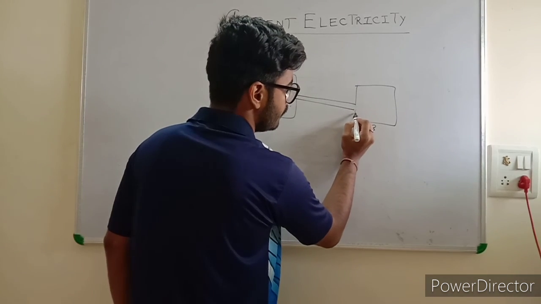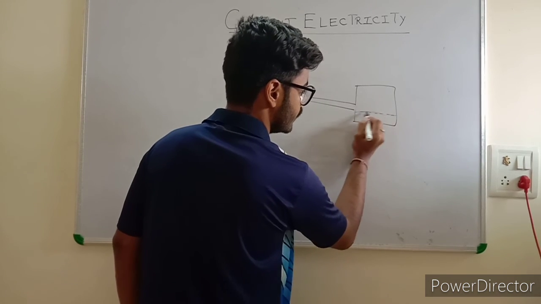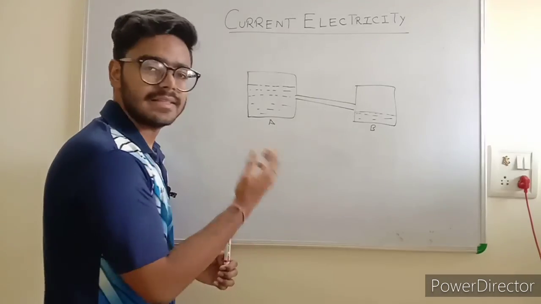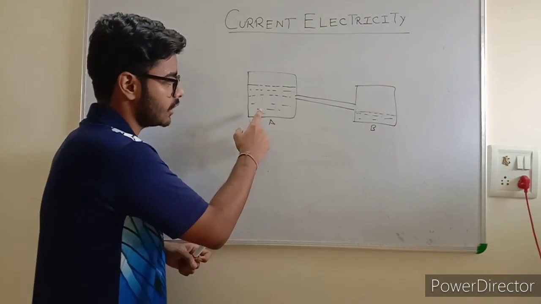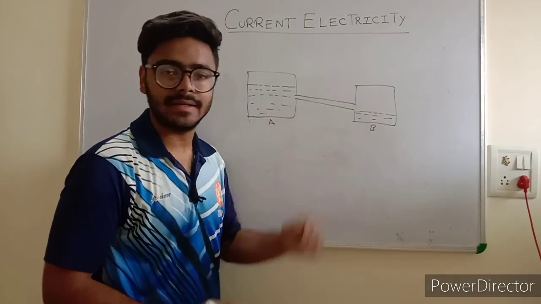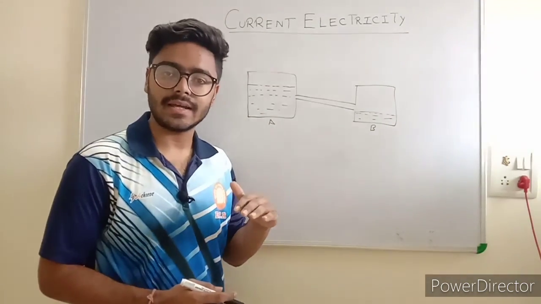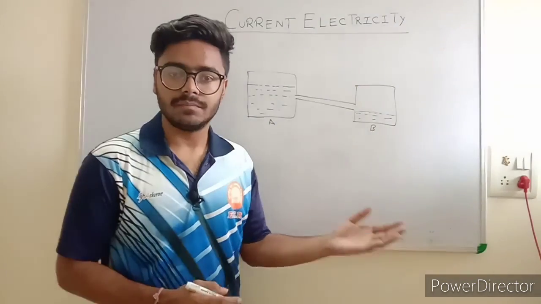But B has less. So you can easily understand that water will flow from the higher to the lower until the levels are maintained. Similarly, the charges also flow from the higher voltage to the lower voltage.